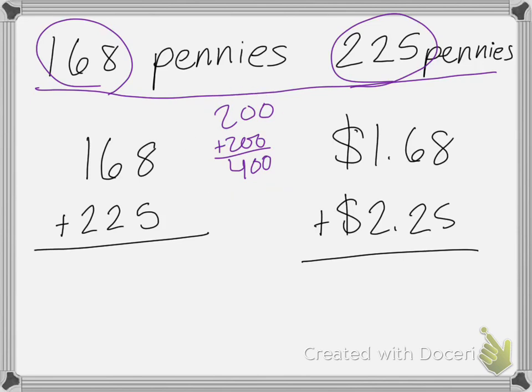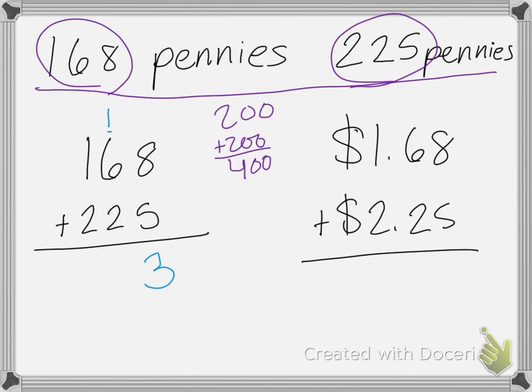Okay, so let's see if I'm right by adding up 168 plus 225. So we add first the 8 and the 5. 8 plus 5 is 13. And then remember, you carry the 1. Then we add up the tens column.